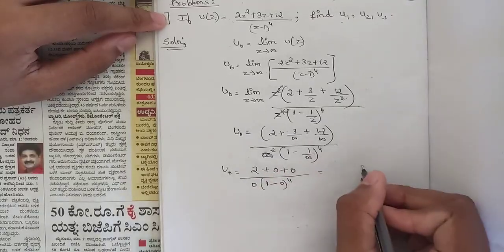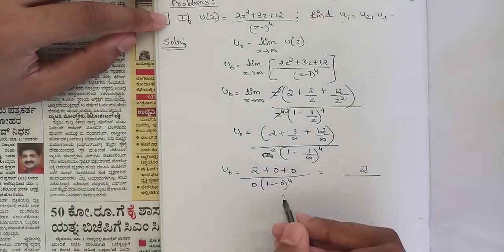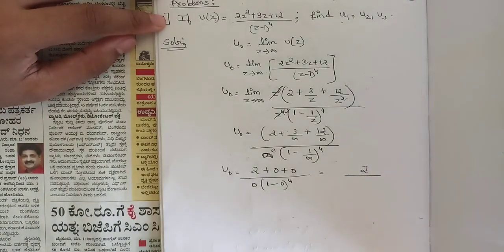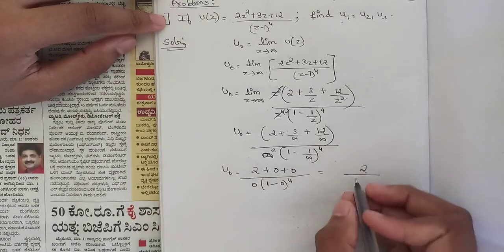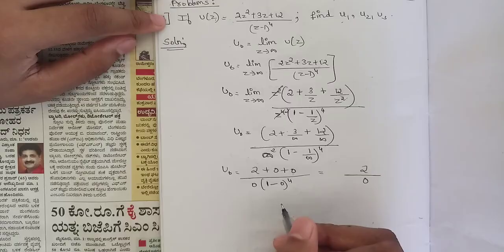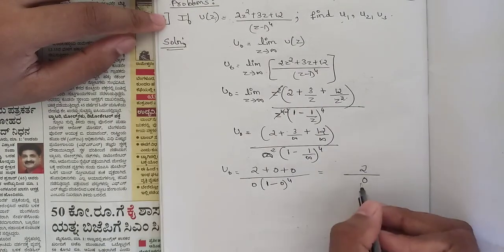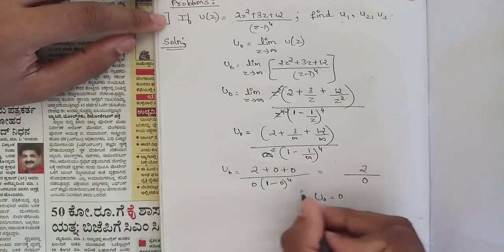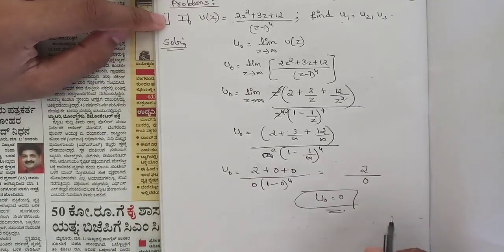So 2 plus 0 is 2, divided by 1 minus 0 is 1. So this becomes 0. So the final answer for u naught will become 0.